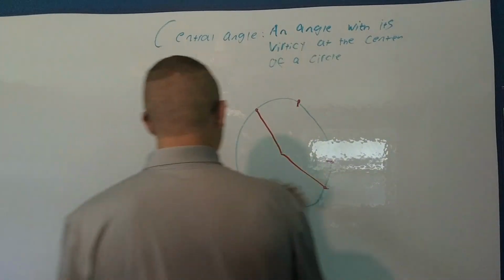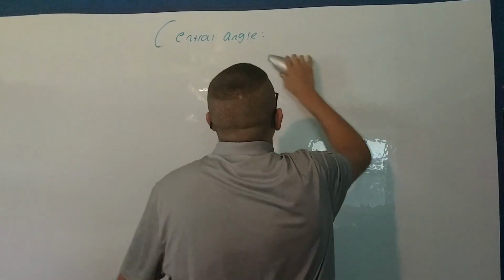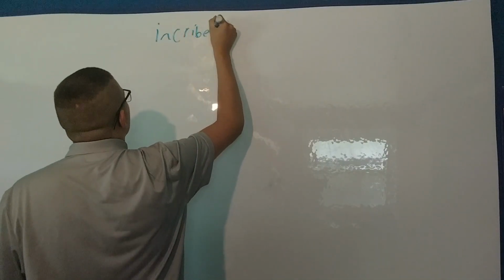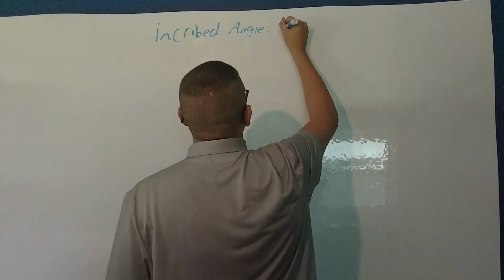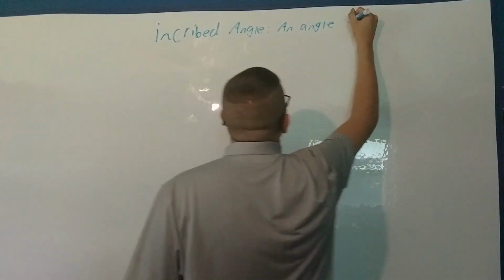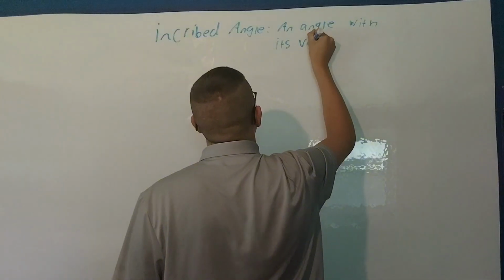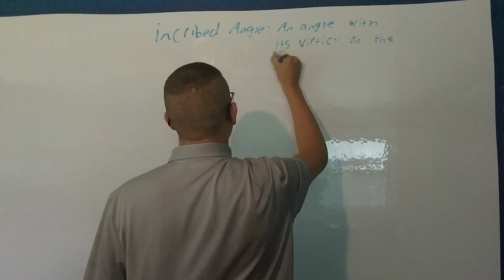Whereas an inscribed angle is an angle with its vertex on the circle.